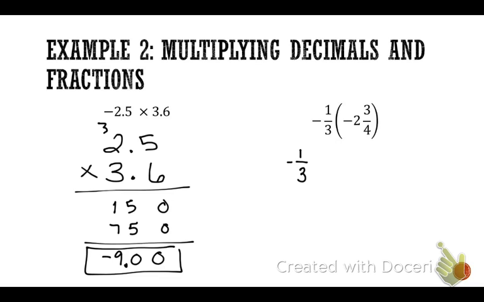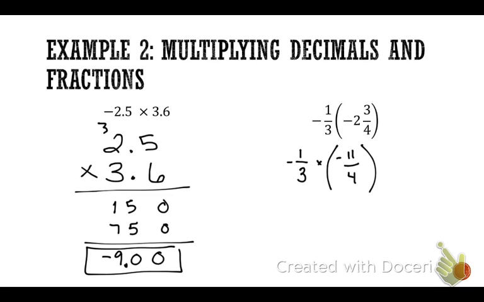Okay, times negative. Now, what is my fraction going to be when I make it improper? Okay, 11 over 4. Now, the only reason I put parentheses here, guys, is because I have 2 signs here, times and negative. We use parentheses to separate that.